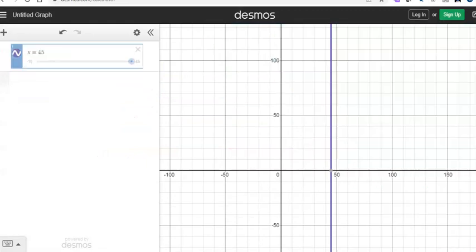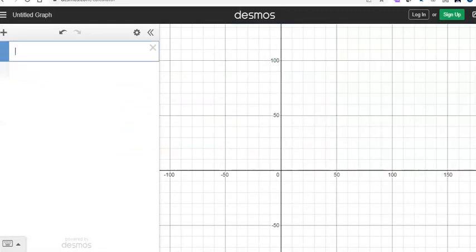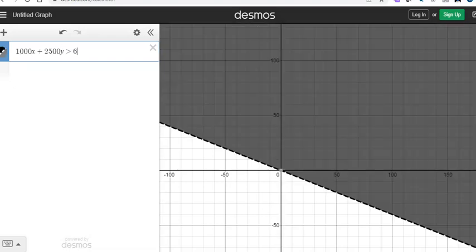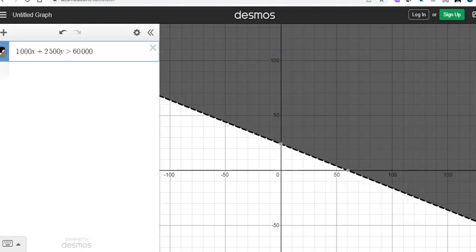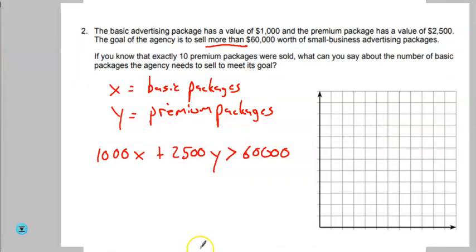So new situation, they have $1,000 for a basic plus $2,500 for each premium. They want that to be more than $60,000. So again, not equal to, so this is a dotted line. So it's going to go through 24 and 60 are your intercepts.